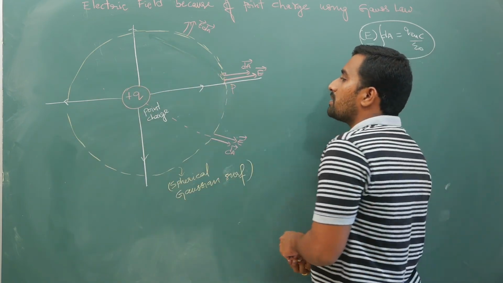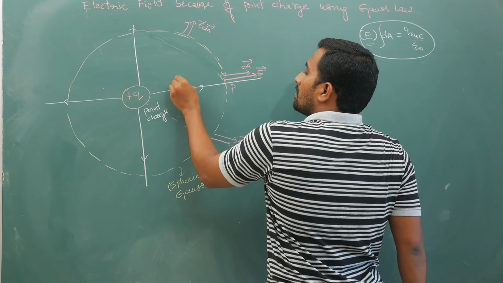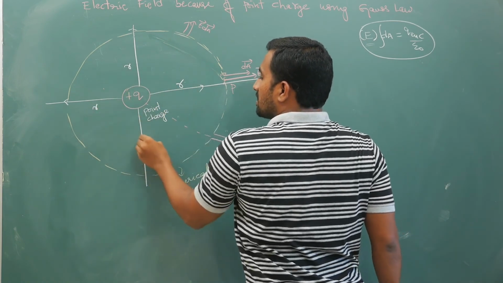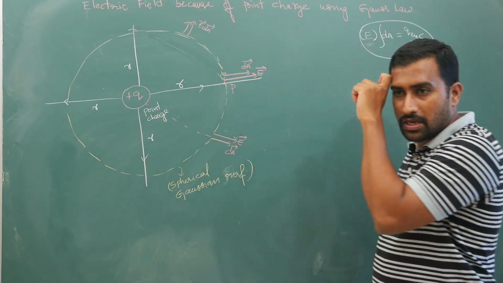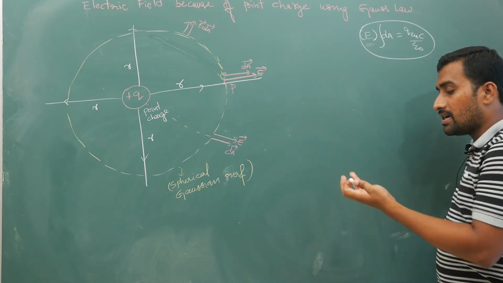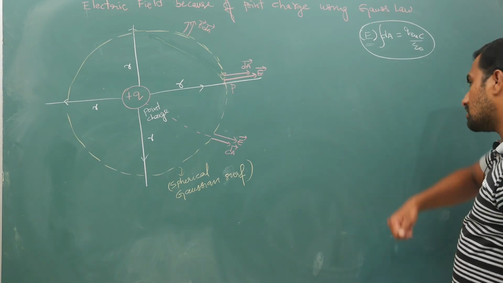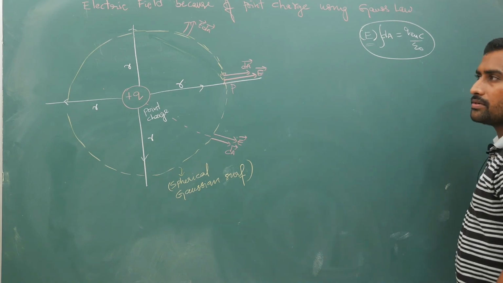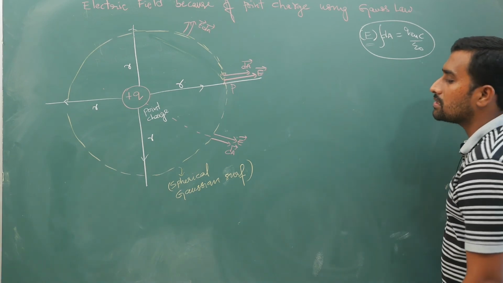This sphere has radius r, any point on this sphere you take will be at a distance of r. So my electric field magnitude is constant and the angle is 0.